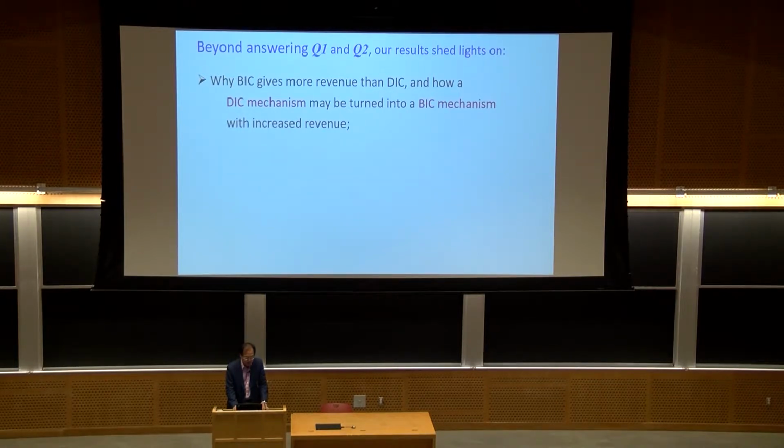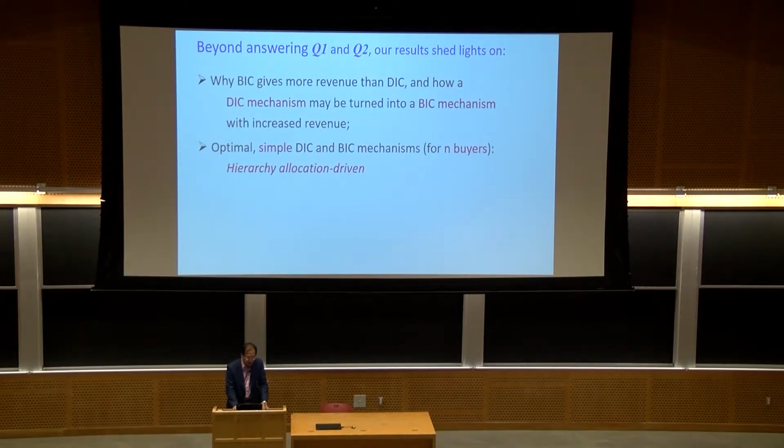And so specifically, we'll get an intuition on why the Bayesian mechanism can give more revenue than the dominant strategy one. And also, we can see that sometimes it's possible to get a Bayesian incentive compatible mechanism that has more revenue starting from a dominant strategy incentive compatible mechanism.